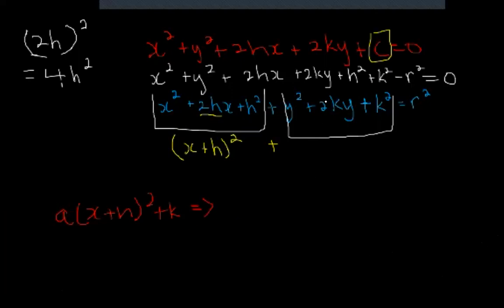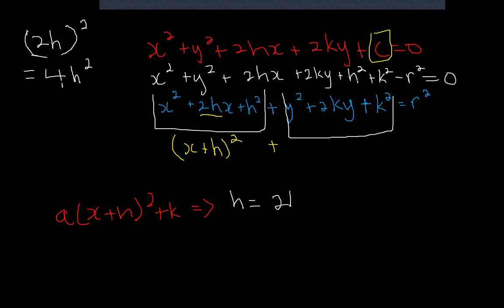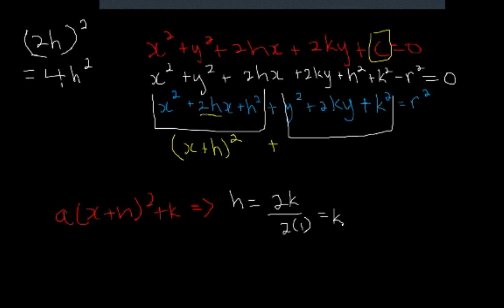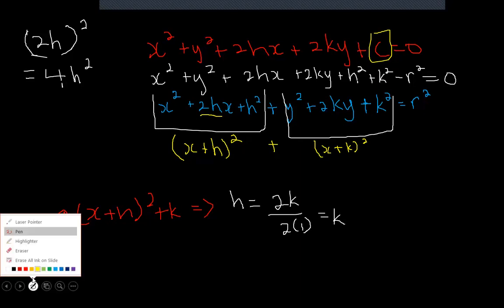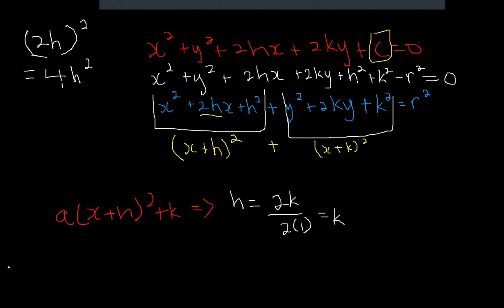In this case, b is 2k, so h should be equal to 2k over 2 times 1. So h would be equal to k. And that's what I would write here in brackets. Remember, the 1 is understood, so we don't need to put 1 here. Y plus k squared, but now we need to find k as well.